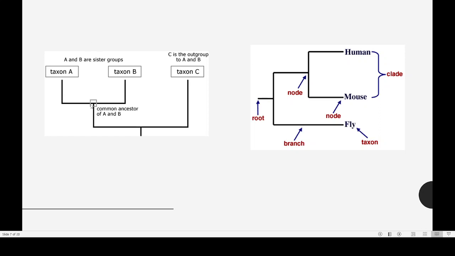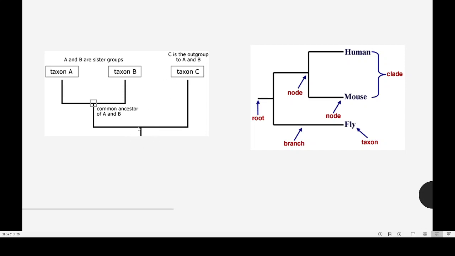Because A and B have a common ancestor here, taxon C had a common ancestor much before that, or their common ancestor exists more in the older time. So here there is a recent evolution, and this evolution has taken place at a much older time. That is the meaning of that.